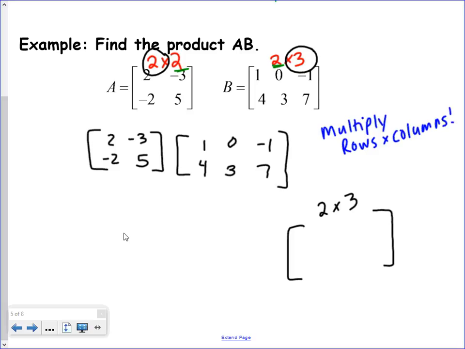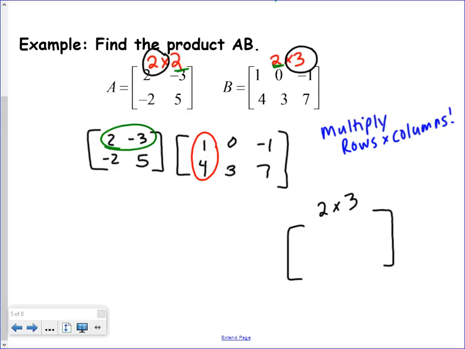And so I'm going to make a little note to myself. In order to multiply matrices together, I multiply the rows by columns, which sounds familiar, right? That's the order of a matrix, a row by column. So what that looks like in matrix multiplication is, in the first matrix, I'm going to pick the first row, which is 2, negative 3. I'm going to multiply it by the first column in the second matrix.